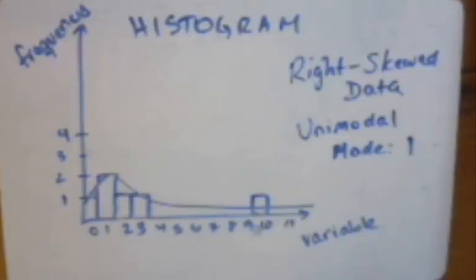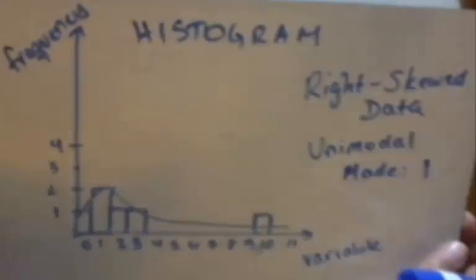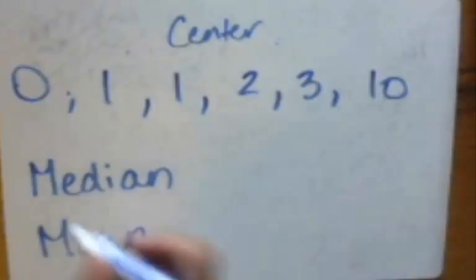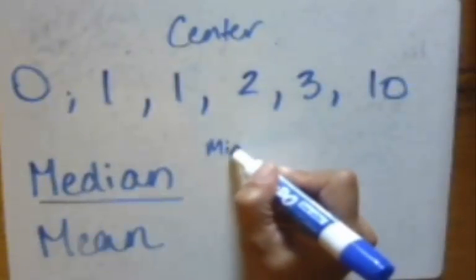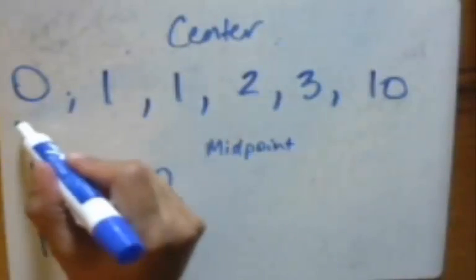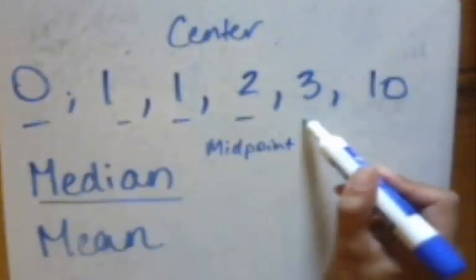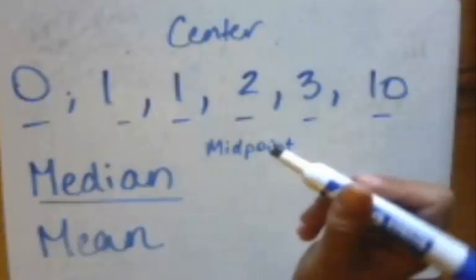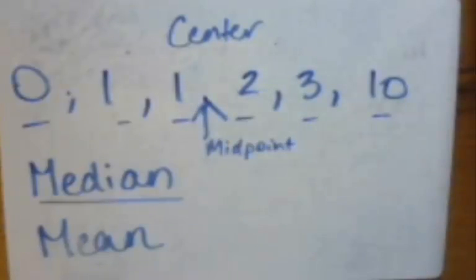But my question is, where is the center? And there are a couple of ways to look at this. One way is to see the actual midpoint of all the data. The midpoint of the data is called the median. So here we have 1, 2, 3, 4, 5, 6 data points.